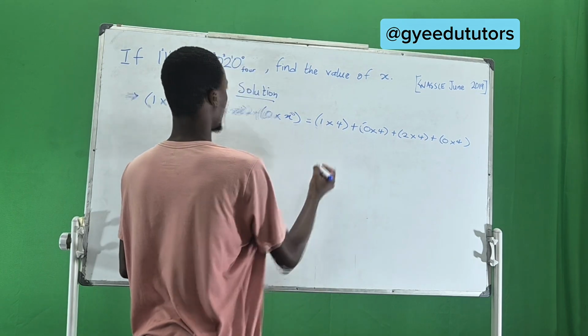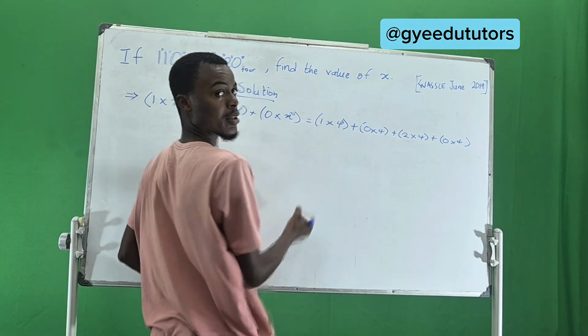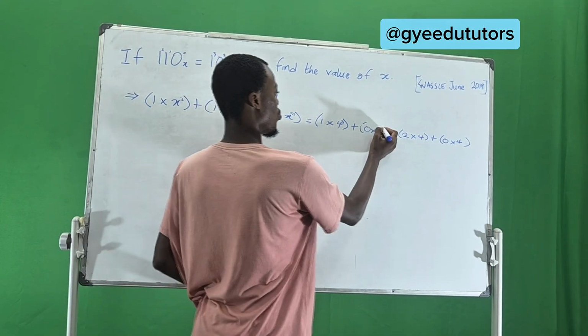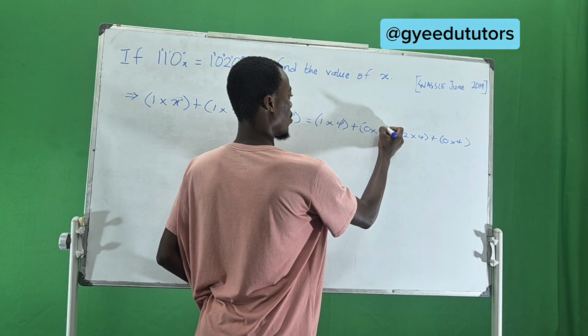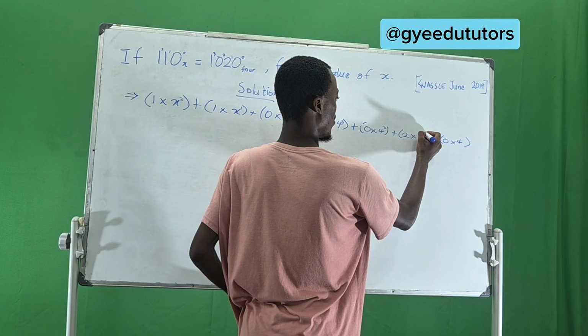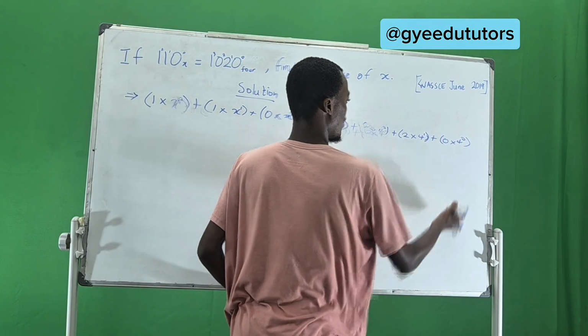Here are 0, 1, 2, 3, so these are its powers. The first one, the power is 3. The second one, the power is 2. The third one, the power is 1. The last one, the power is 0.